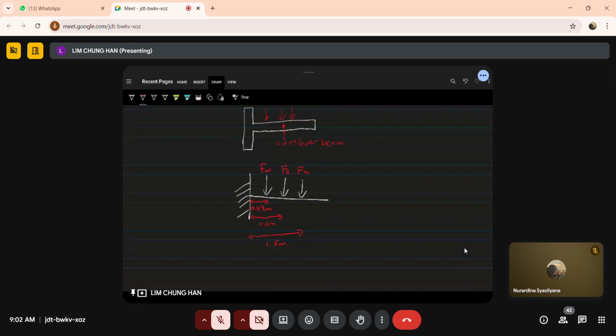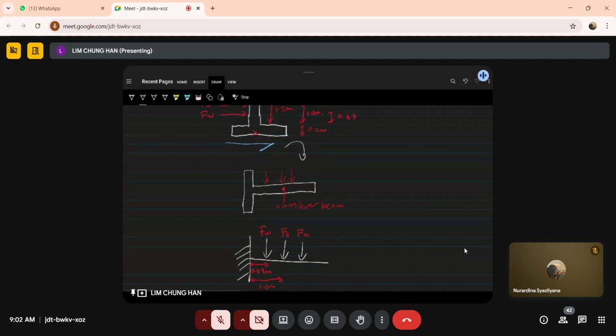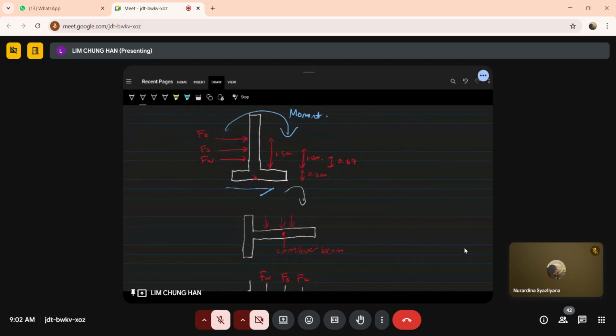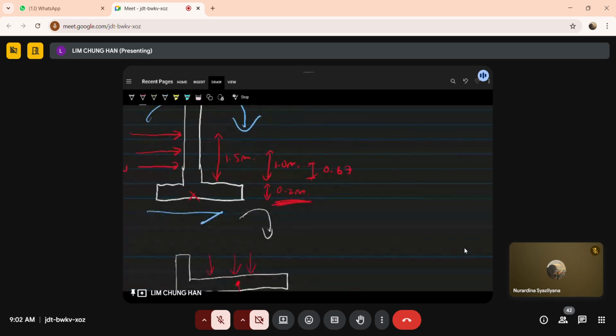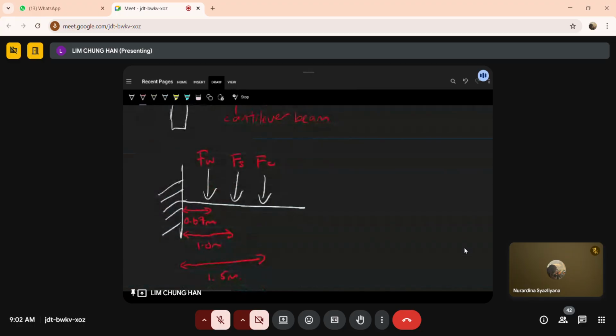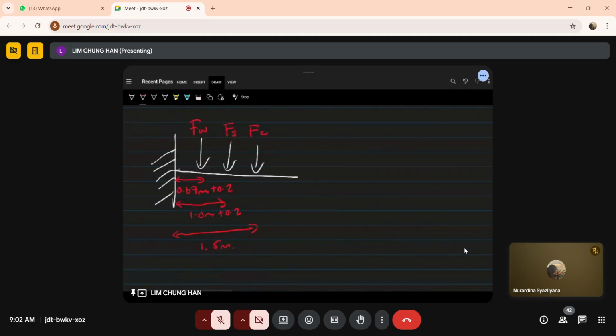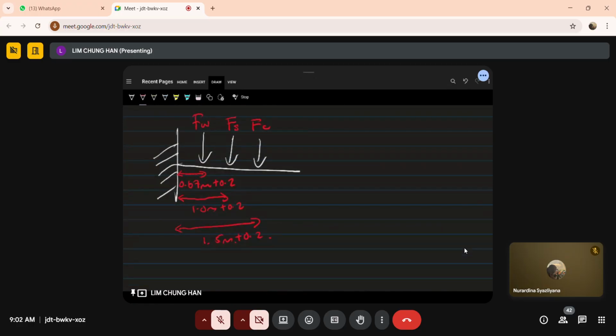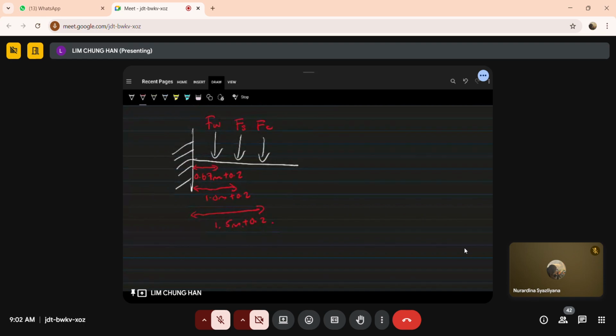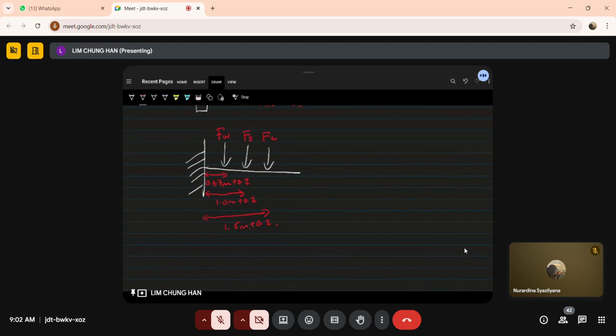Very easy. Wait. Sorry, it's not. I forgot, you have the 0.2 here. To the support is actually 0.2. Another 0.2. So all of them, you have to add 0.2 to go to the end of the support of the beam. Okay? So moment, you treat it as cantilever beam.